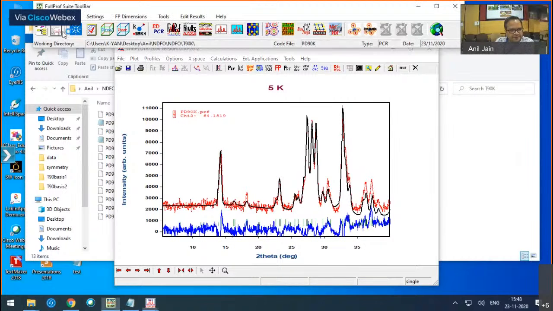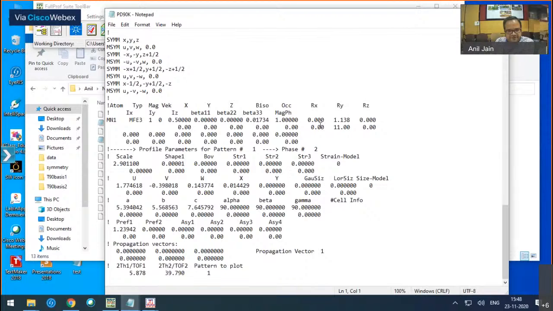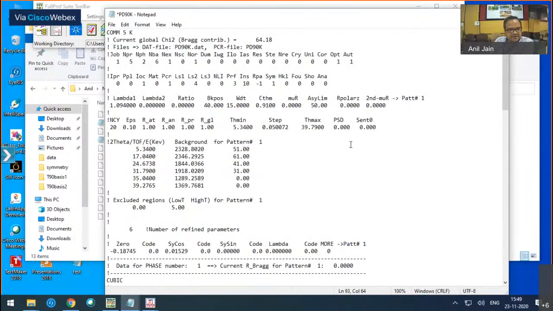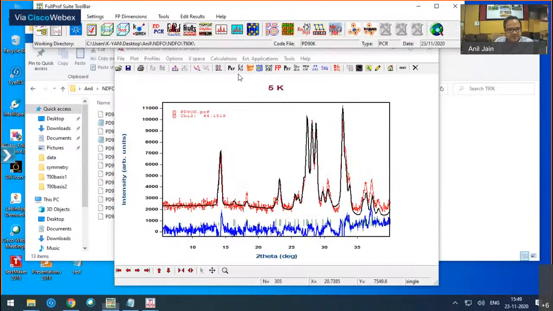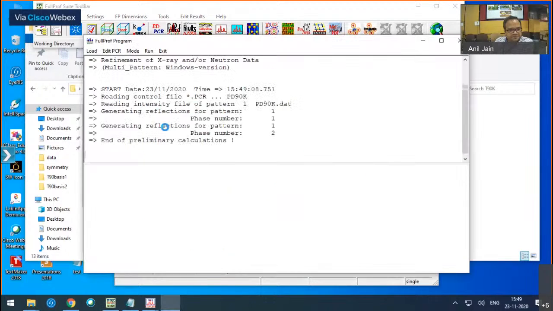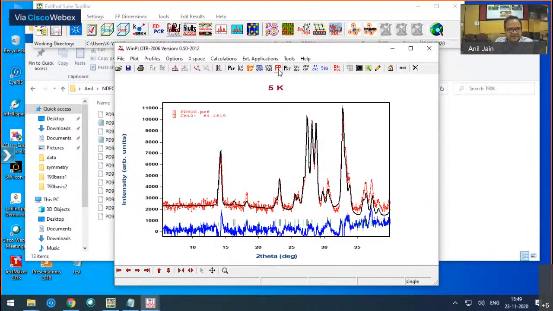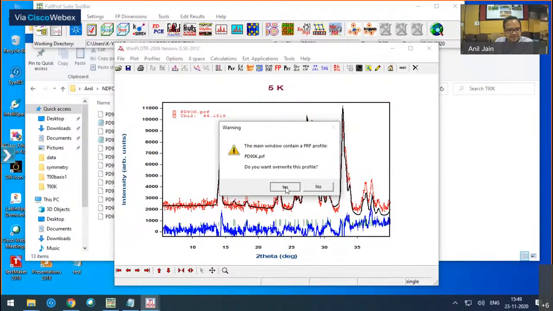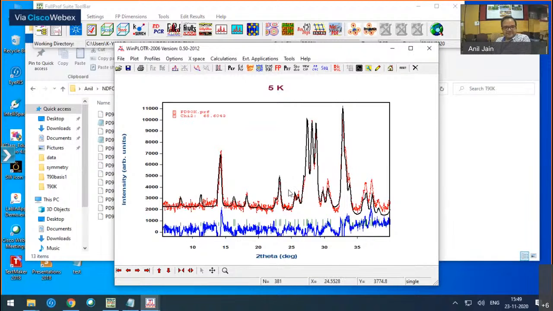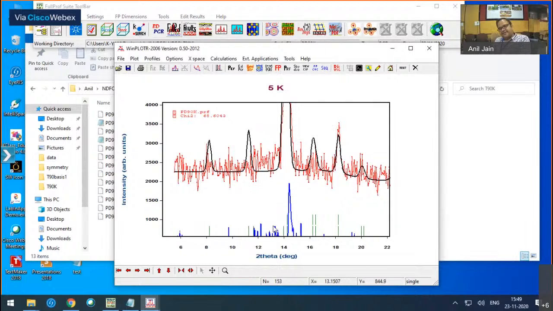Now again, if you want to play with it, I can. What I would like to do is put a small moment and see what it does. So now what you can clearly see is that if I put this moment along the a-axis, it is trying to generate some intensity at some location where I do not have any magnetic intensity.